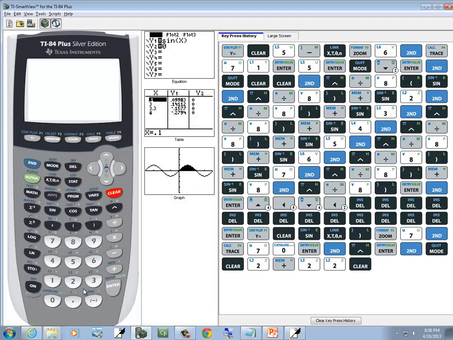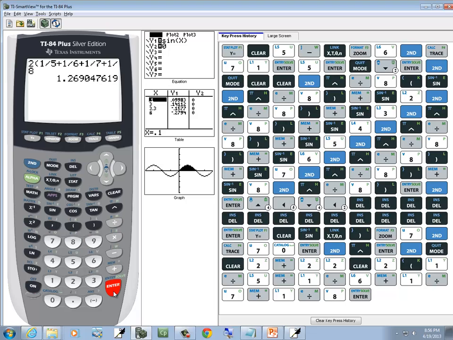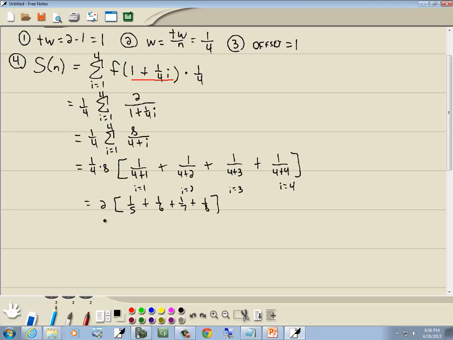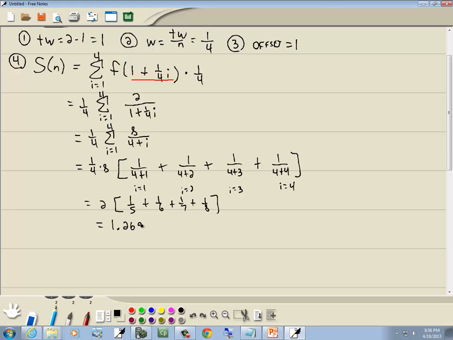Okay, 2 times the quantity 1 divided by 5, plus 1 divided by 6, plus 1 divided by 7, plus 1 divided by 8. Now I'll take it to 4 decimal places again. And that gives us 1.2690. And that's our upper sum.